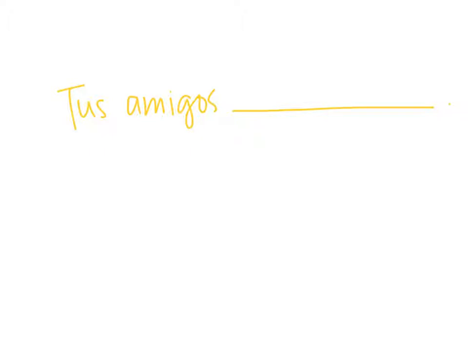If I'm trying to say your friends are, let's see, how about are opening their books? Okay, well, open is abrir, right? So this is to open. They're opening their books. Well, we need the conjugation of estar for tus amigos.